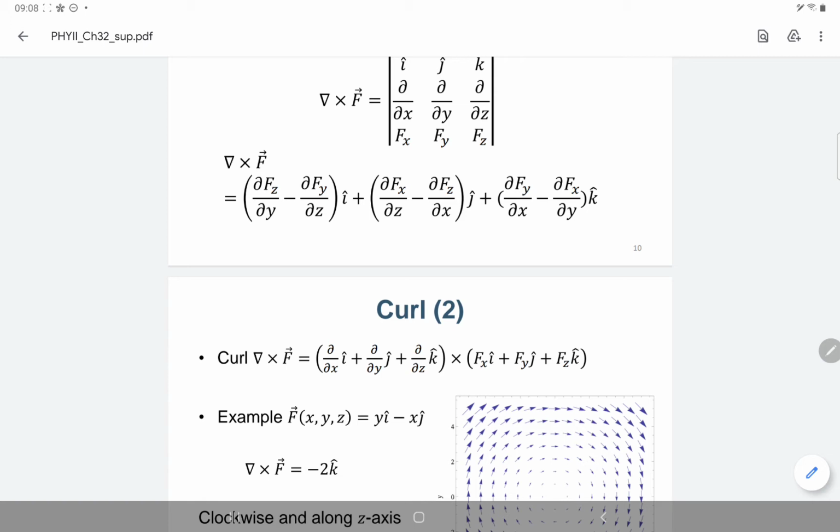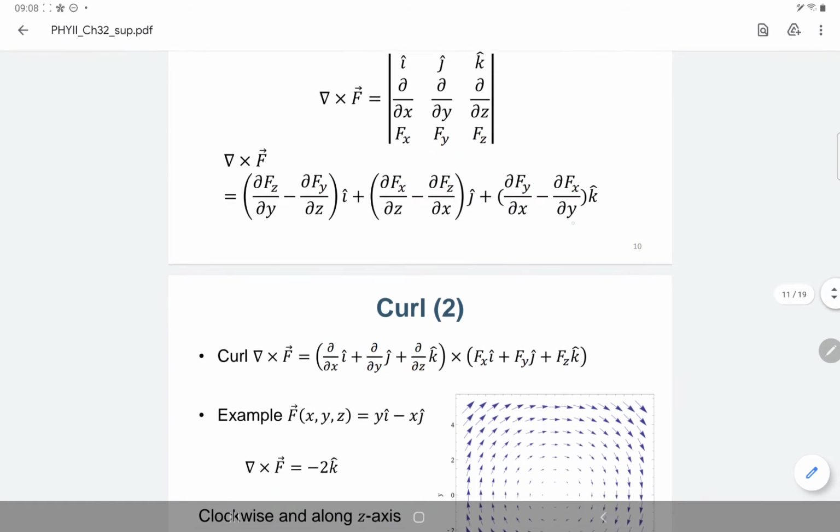You can take the curl again. So this one is the new F x, this one is the new F y, and this one is the new F z. Then you can take partial y of this one, so that you have partial F x, partial y, and then partial F y, partial x, partial y, and then minus this one.